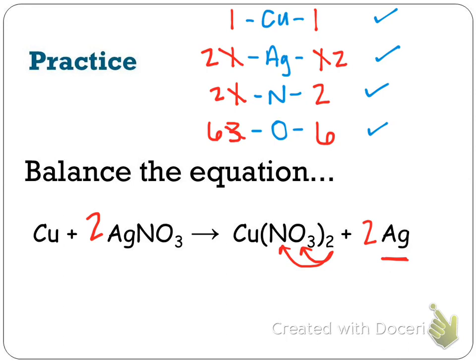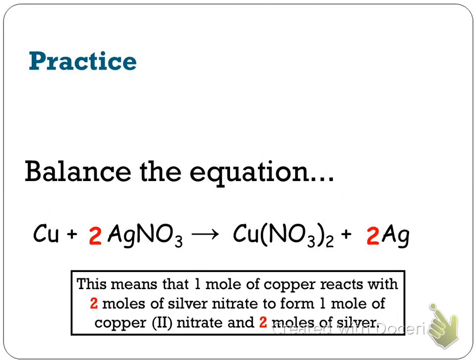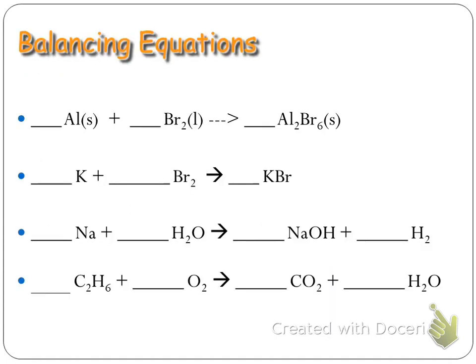1, 2, 1, 2. Okay. This means that 1 mole of copper reacts with 2 moles of silver nitrate, and it yields 1 mole of copper nitrate and 2 moles of silver. Okay. All right, let's try the first 2 together, and then we'll look at the last 2 on your own.